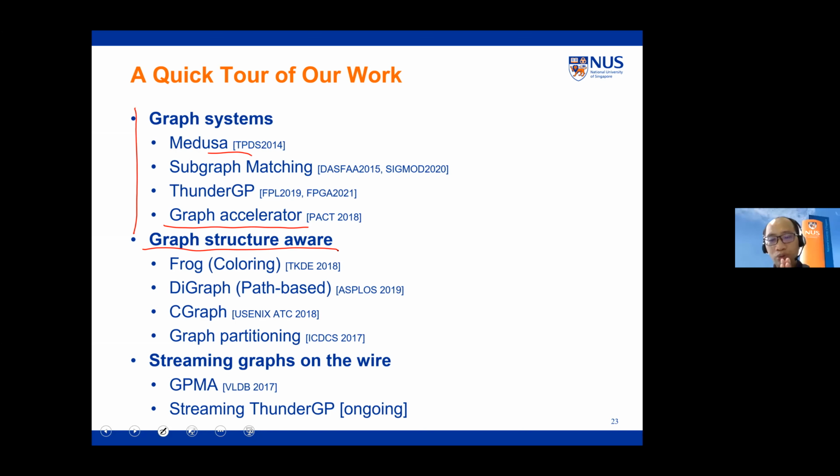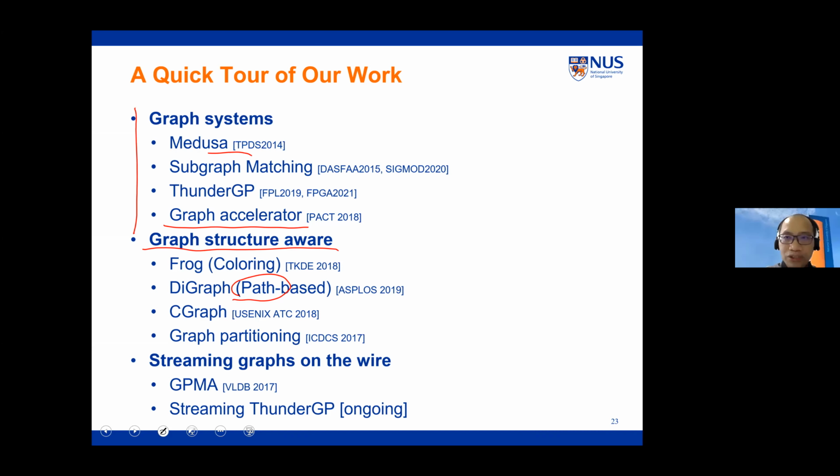So that's why we have another thread of research on making the system more aware of graph structures. For example, we have Flock, which colors the vertices so that we can increase concurrency. And in DepGraph, we look at paths so that we can analyze the dependency among state propagation and increase the rate of convergence. There is also CGraph, which handles concurrent graph queries, and graph partitioning. All of this is to make the system more specialized and aware of graph structures, so that we can optimize based on them.